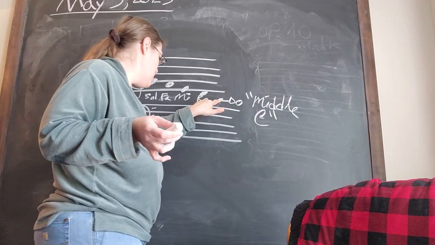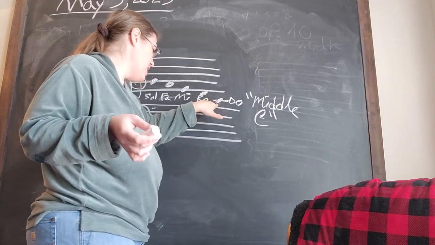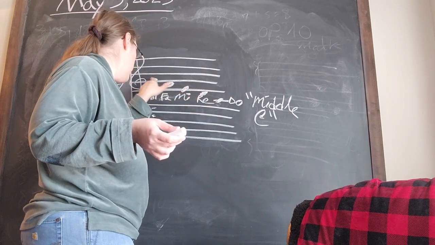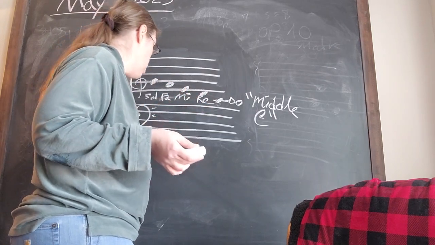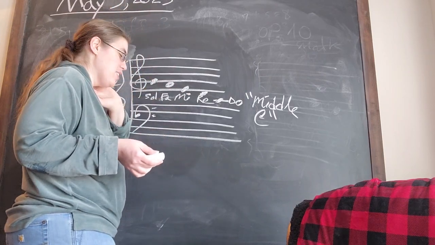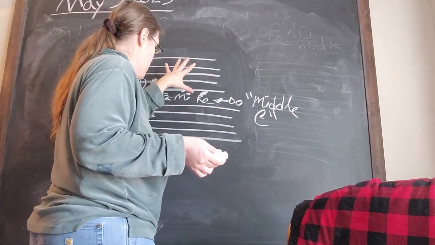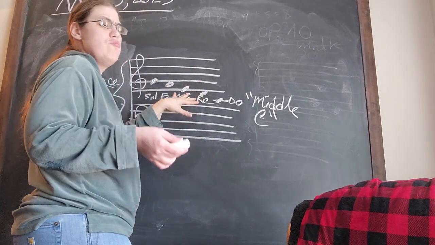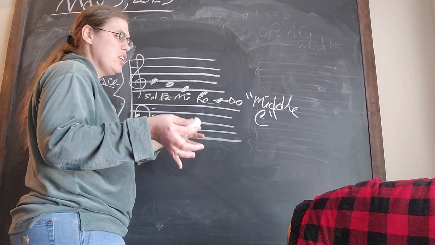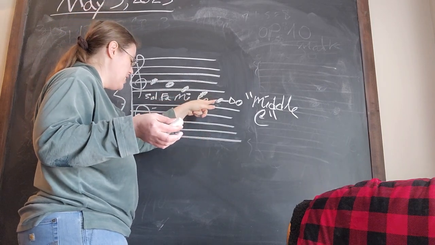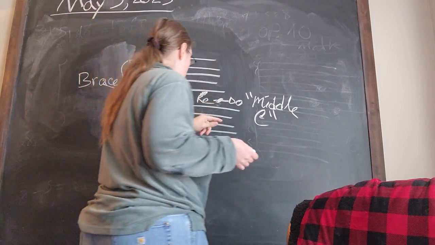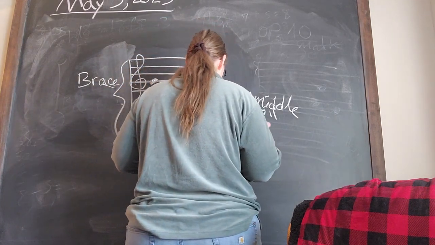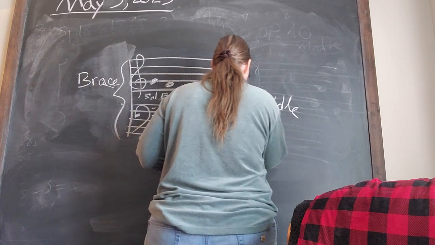So this note is middle C or middle do, re, mi, fa, and sol, and so on up the board, or up the staff. So this covers the lower part. If we wanted to continue to descend below this middle C or middle do, we can continue by adding more lines.